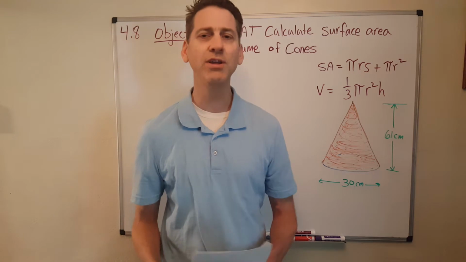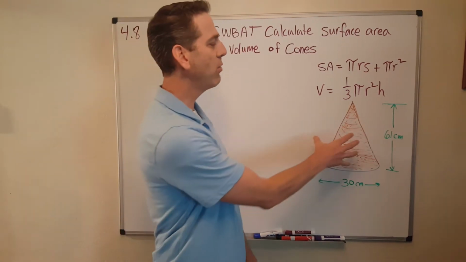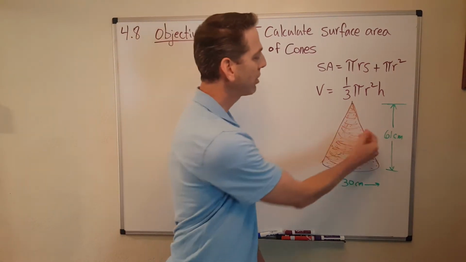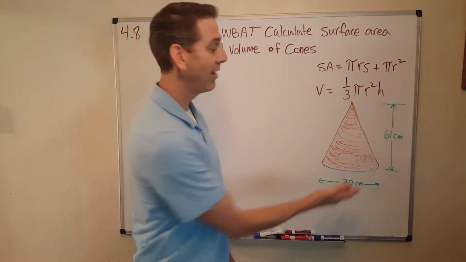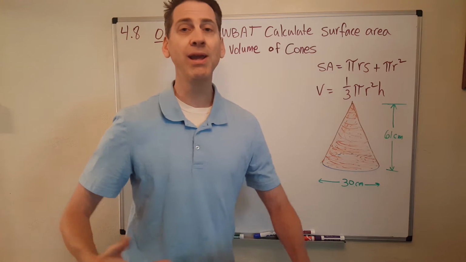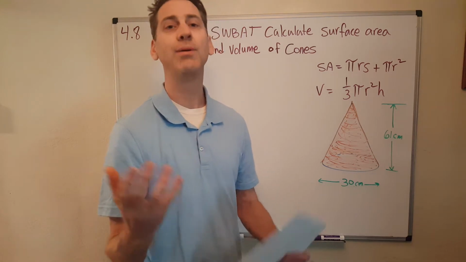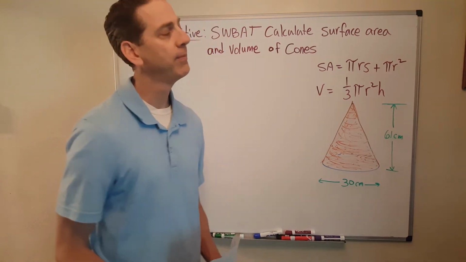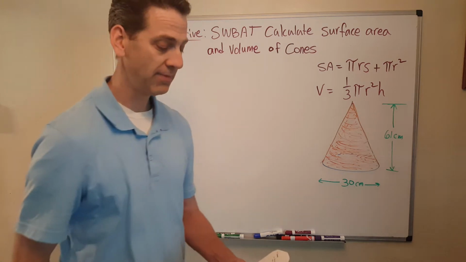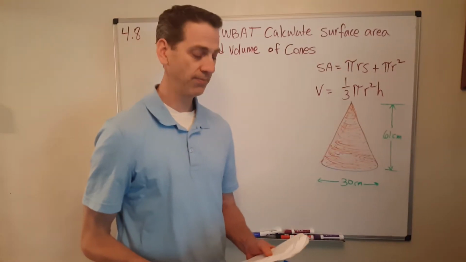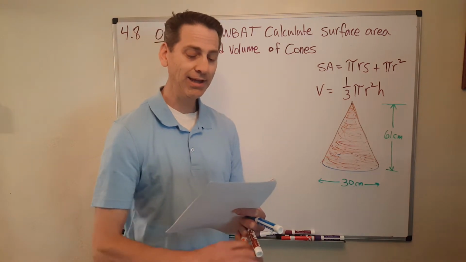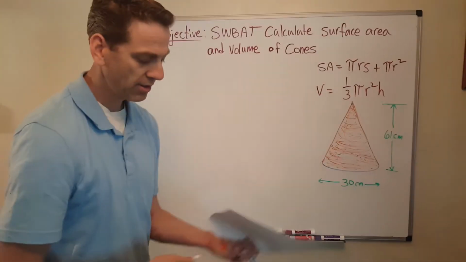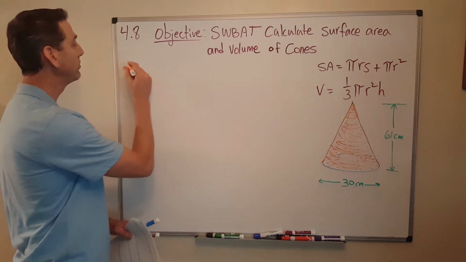They want to spray paint the cone part of the cone orange, and they want to paint the bottom, the circular part, black. They're going to make 50 of these. So here's the question: how many square centimeters need to be painted orange for 50 cones?